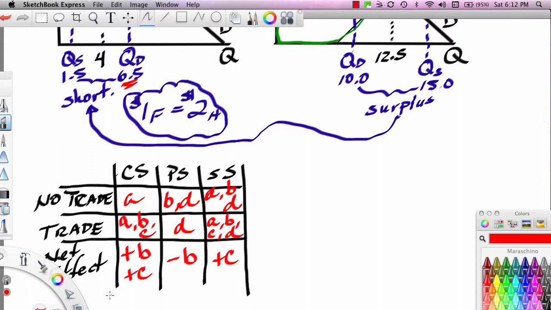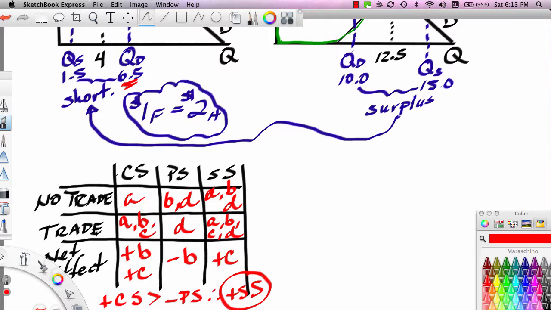So in essence, what happened here is the gain in consumer surplus, plus B plus C, is greater than the loss of producer surplus. Therefore, there's an increase in societal surplus in the importing nation.